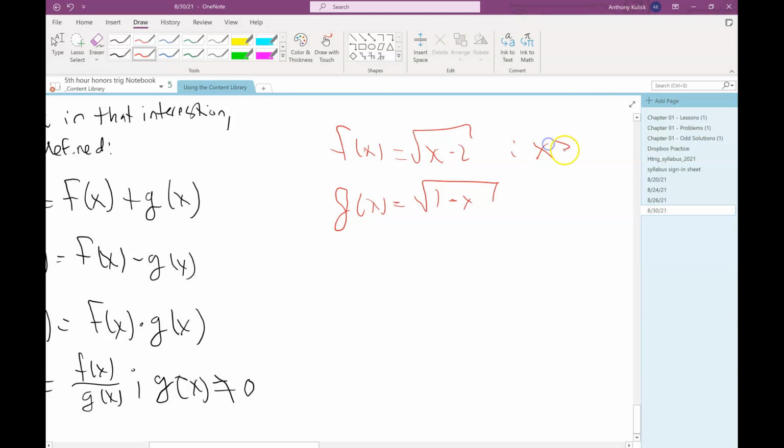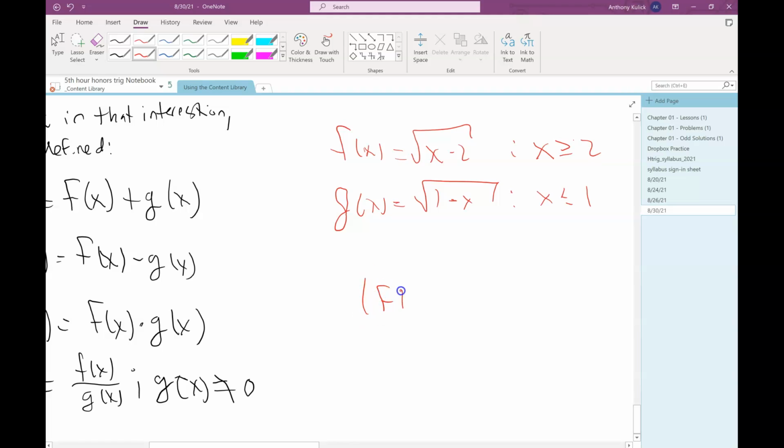Actually, just write as an inequality. And the x's here are the x's that are less than or equal to 1. Is there anything in common between these two functions? Is there any x's in common? Well, x is greater than or equal to 2. So there's no x's in common, right?